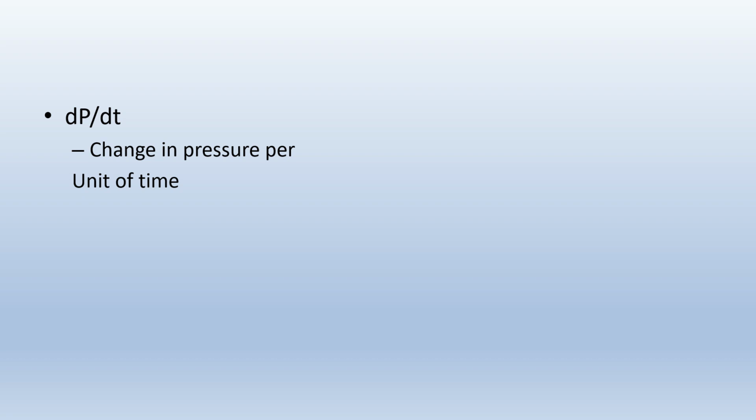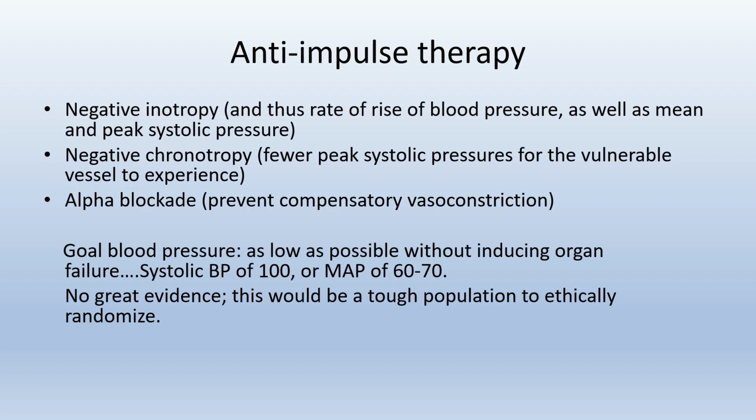So dP/dt, the change in pressure per unit of time, is important, and a higher change in pressure is not good for aortic dissection. Negative inotropy reduces the rate of rise of blood pressure as well as the mean and peak systolic pressure. Negative chronotropy means fewer peak systolic pressures for vulnerable vessels to experience.